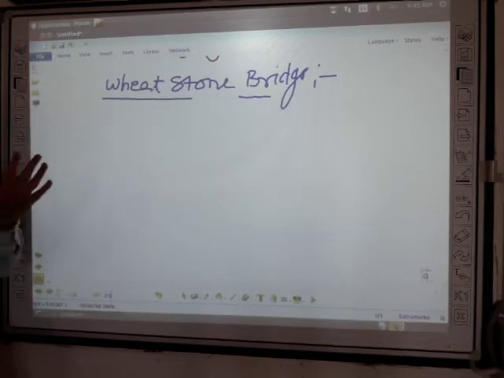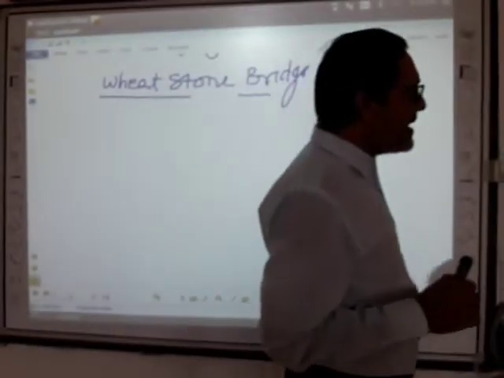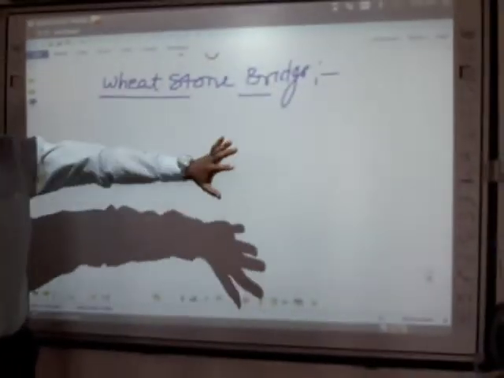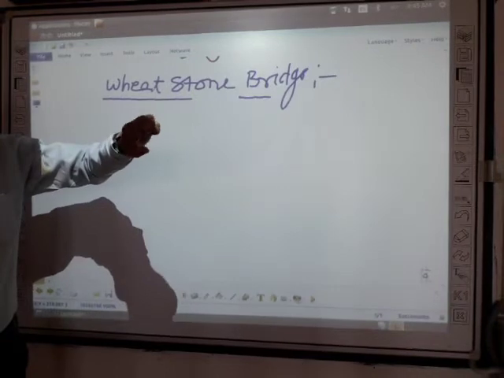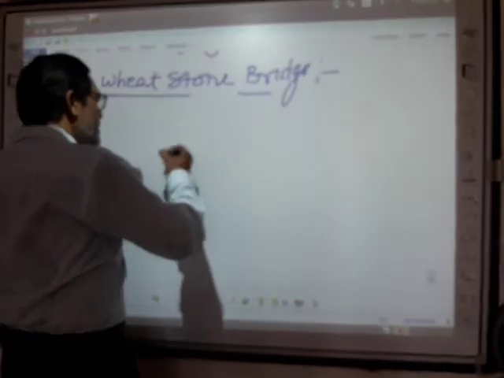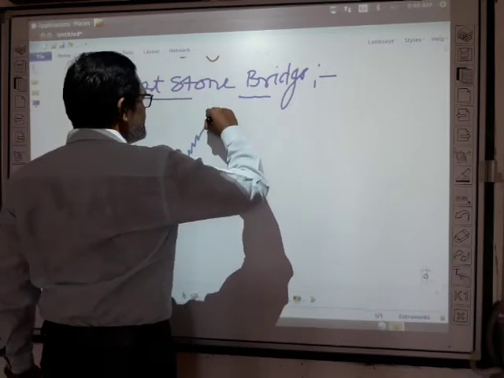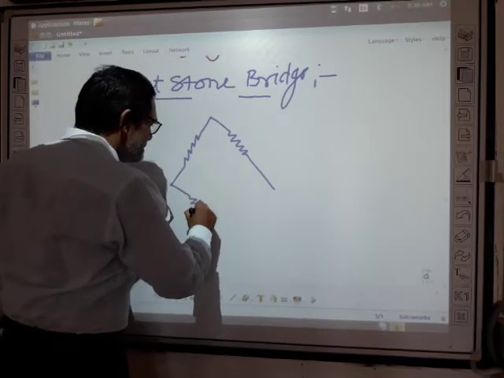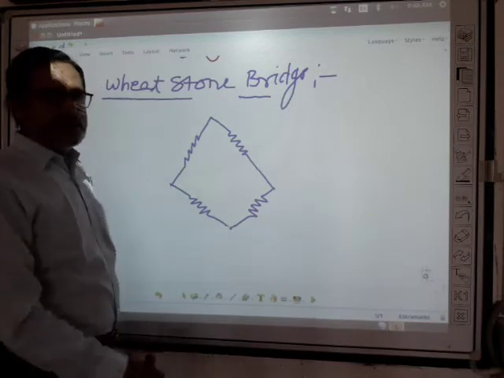And in a parallelogram, how many sides are there? Four. The resistances are connected in the four sides of the parallelogram. Then, under the balanced condition, the ratio of resistance of the sides is equal. How? So, we assume these are the four sides.